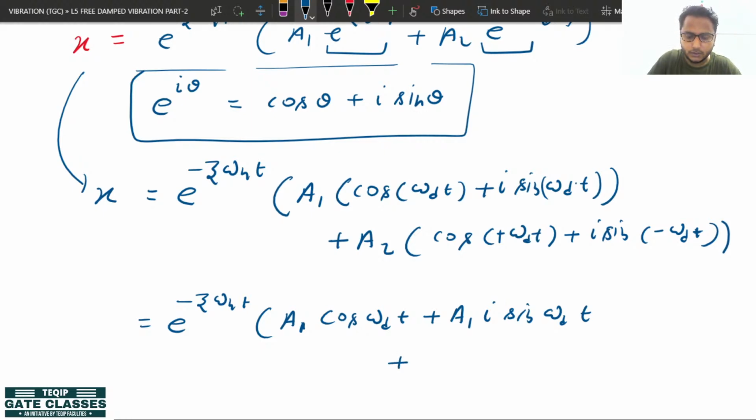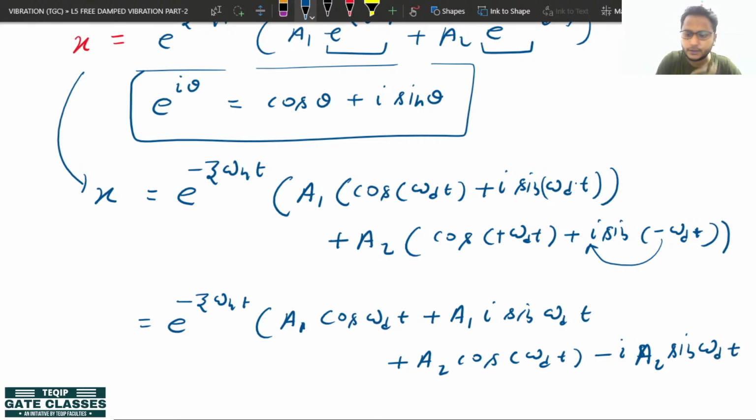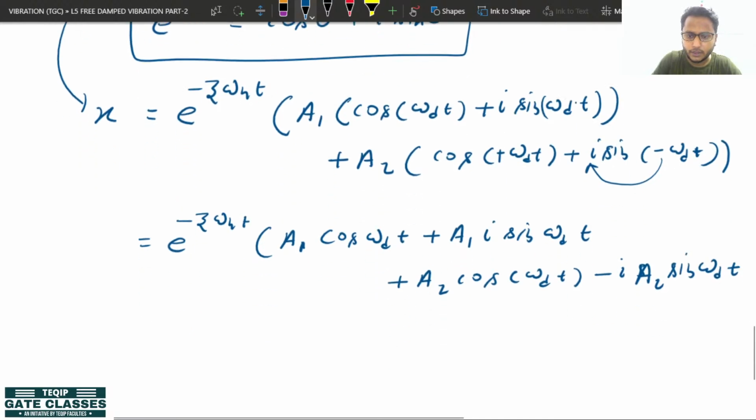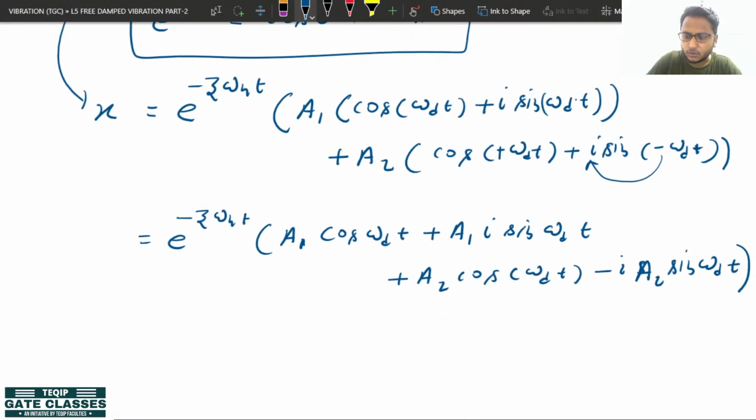Plus the third term will be a2 cos omega d into t, right? Then this minus will come out because sin minus theta will become minus sin theta. So it is minus i multiplied by a2 sin omega d into t, right? Okay, fine. Now the bracket is closed.